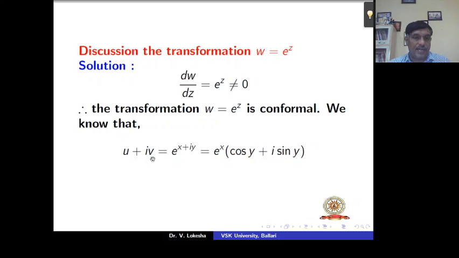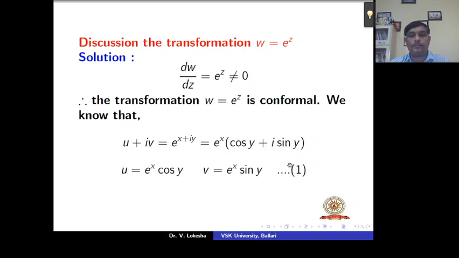That's why e power x plus iy can be written as e power x into e power iy, and by Euler's formula, e power x into cos y plus i sin y. Now we can separate real and imaginary parts. Here u is equal to e power x cos y and v is equal to e power x sin y.